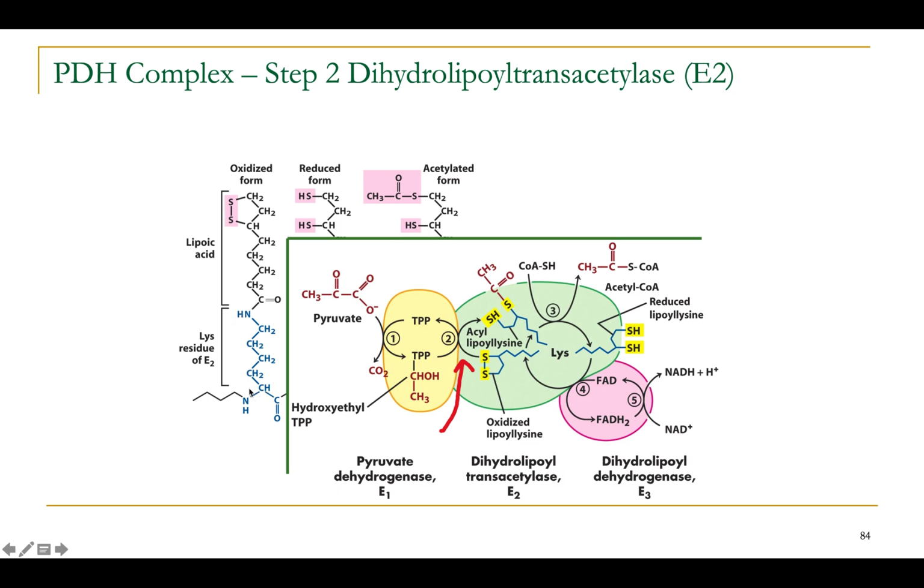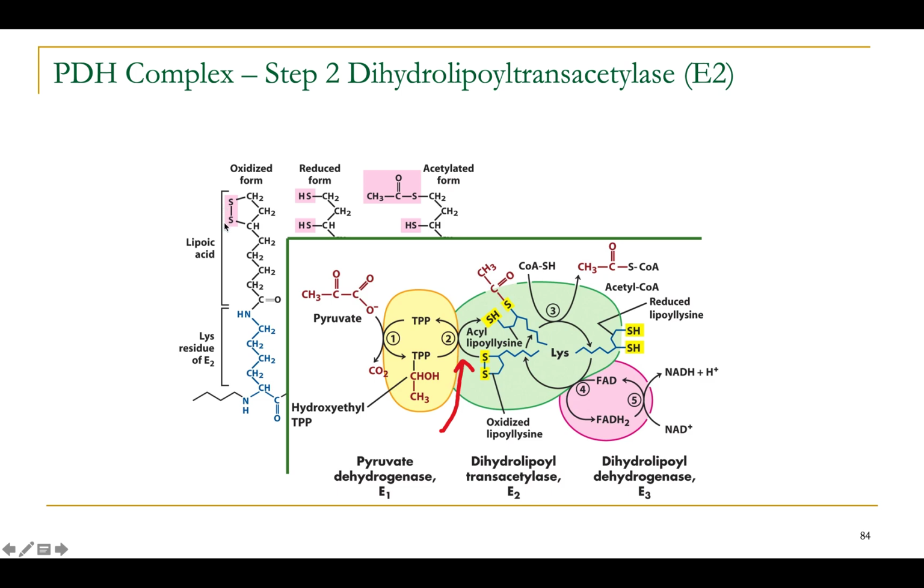So it is lysine within the active center of E2 with a covalent extension, lipoic acid, which altogether represents this very long extended molecule, and its extended nature allows it to physically reach the E1 site from E2, thus allowing the physical transfer of hydroxyethyl from thiamine pyrophosphate to lipoate. In its oxidized state, the lipoic acid is a circular molecule which is circularized by this disulfide bond.